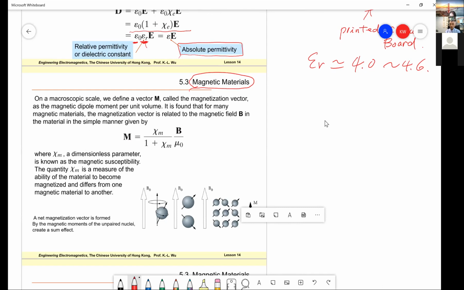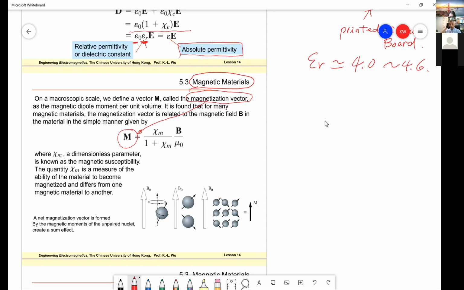Then again, we can find what we call the magnetization vector. Okay, we call it magnetization vector M. How is M formed? For certain material which is not a conductor, and not an ordinary dielectric, the electrons are moving around.